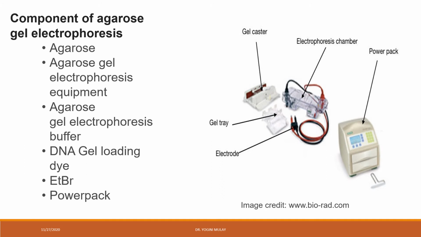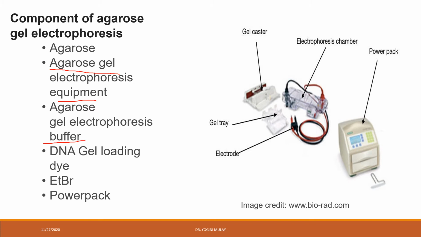Now, what are the components of agarose gel electrophoresis? Number one is agarose powder, from which we can make the agarose gel, then agarose gel electrophoresis equipment should be there. We need buffer for that.